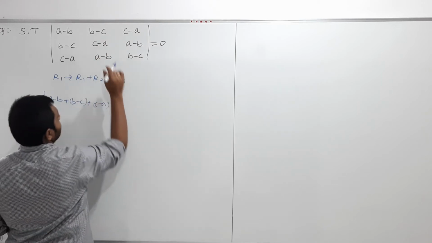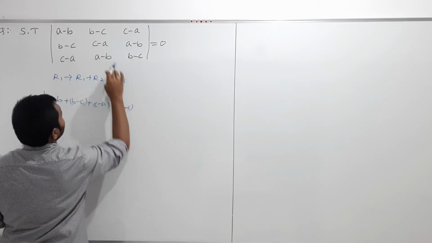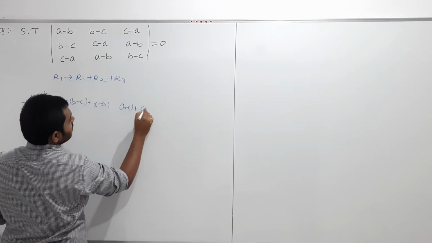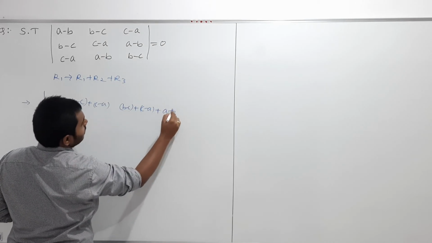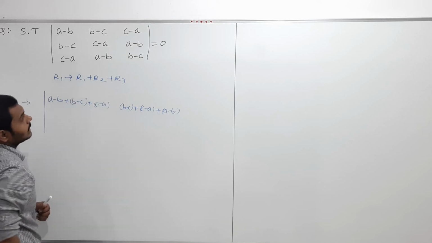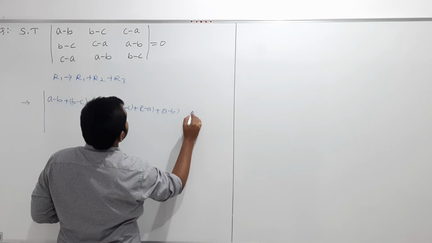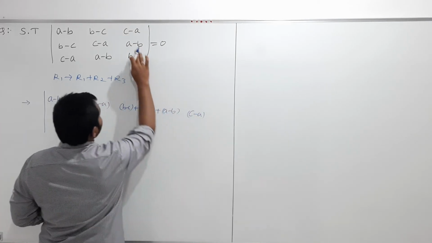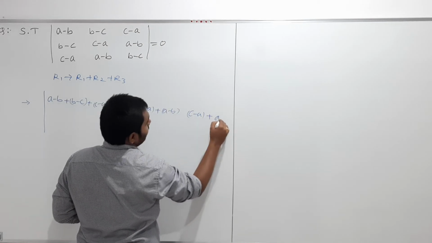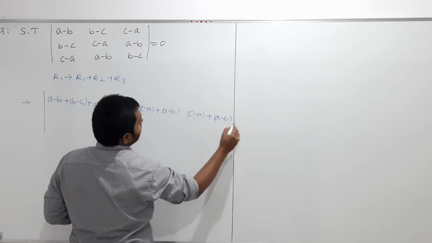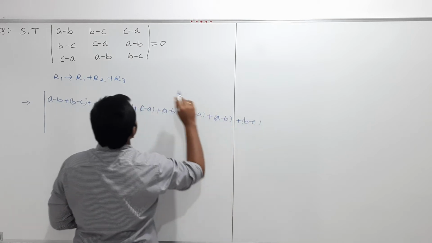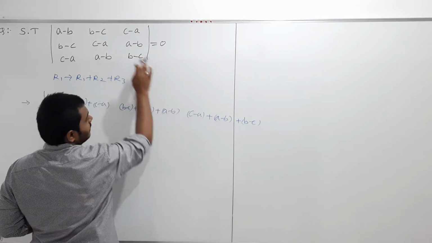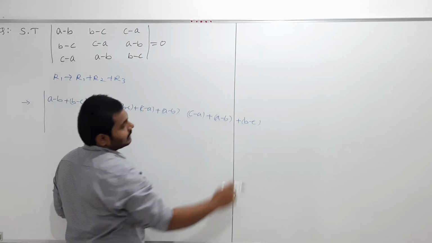And next this element: B minus C plus C minus A plus A minus B. Clear? And next C minus A plus A minus B plus B minus C.